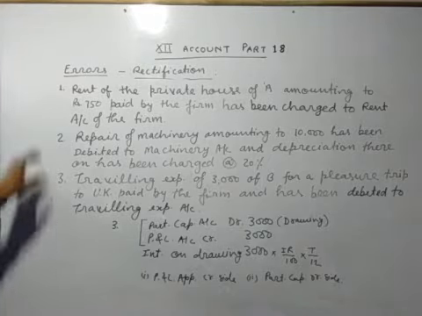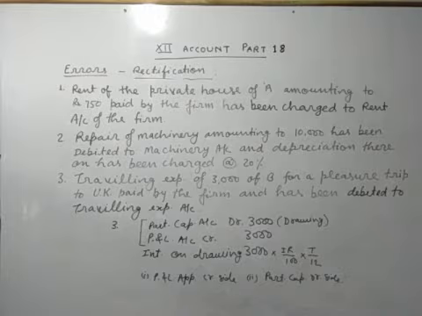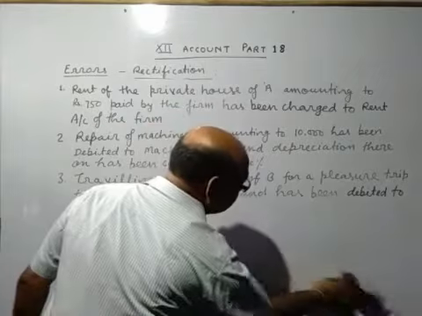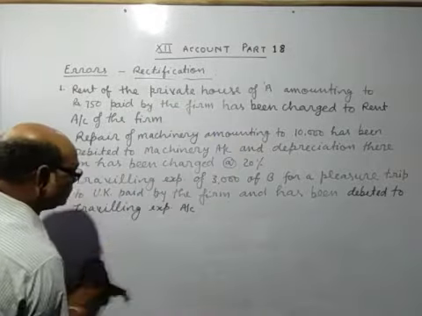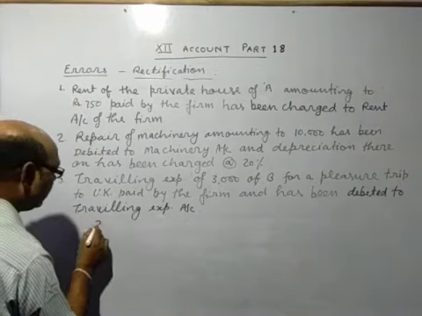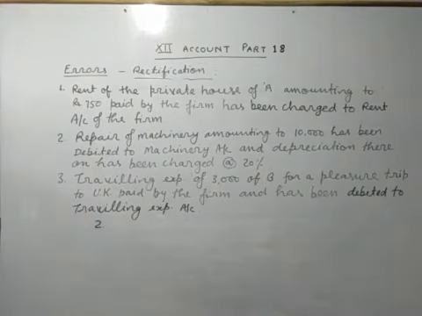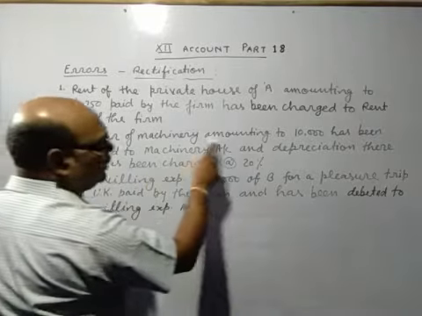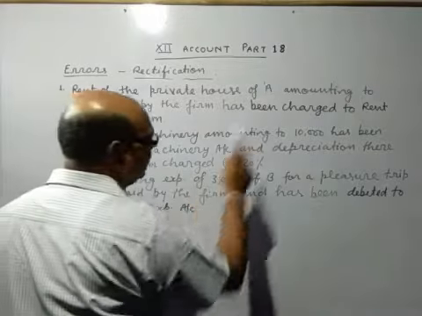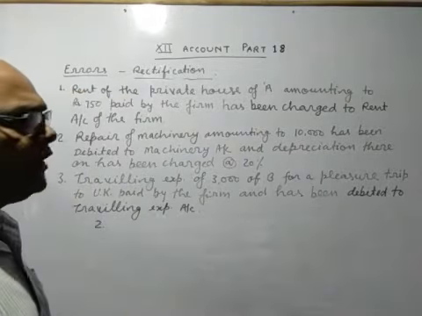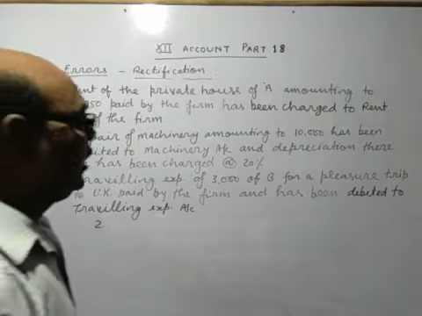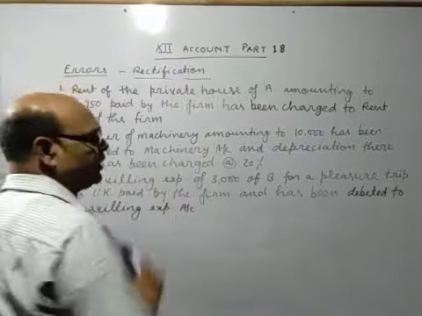Now we will discuss condition number 2. Second condition, repair of machinery amounting to 10,000. This is the repair of machinery, so repair should be recorded on the P&L account debit side, 10,000. This is correct.